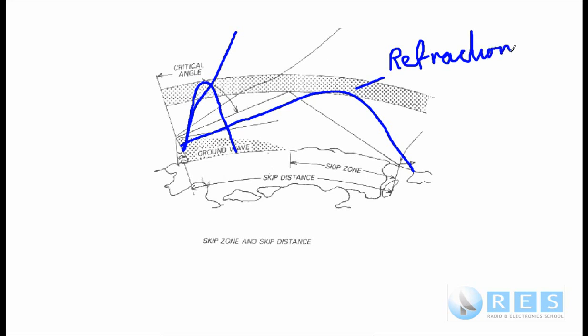A low angle of radiation, on the other hand, means that we glance the atmosphere, much like glancing the surface of a pond with a stone, and the wave is refracted. The process at the ionosphere is refraction, not reflection, because reflection occurs from a sharp boundary. So that is refraction.